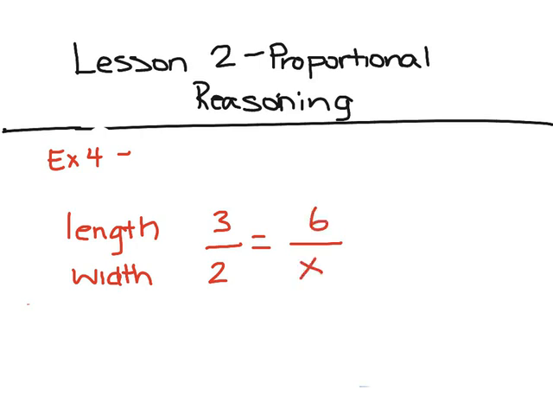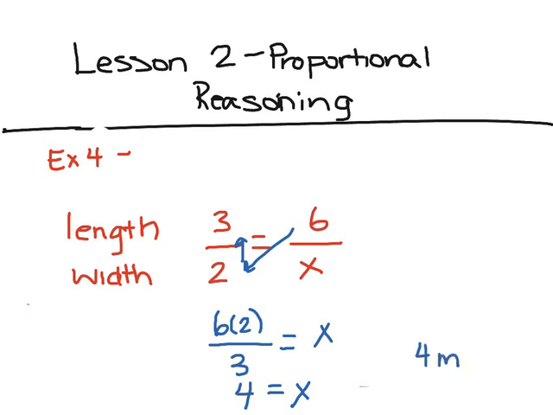We want to find our width. We're going to solve by cross multiplying, so 6 times 2, then dividing, divided by 3 equals X. 6 times 2 is 12, and 12 divided by 3 is 4. So we know that the width of the room is going to be 4 meters wide.